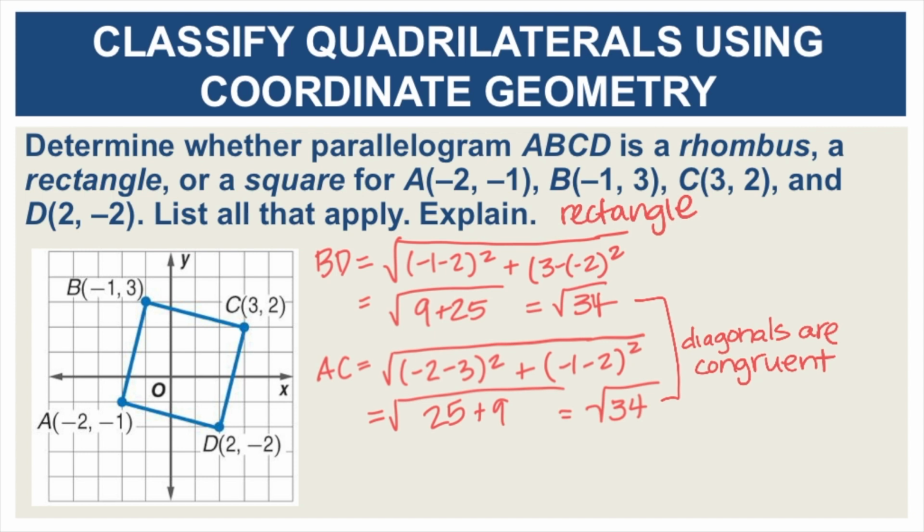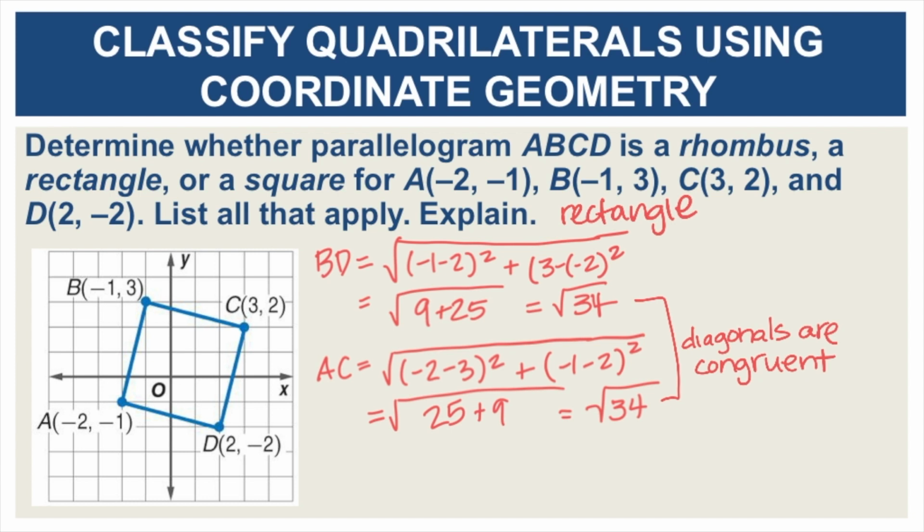Okay. So next we need to know if the diagonals are perpendicular. Because if the diagonals are perpendicular, then it's going to be either a rhombus or a square or possibly both. So we need to get the slope of the diagonals.